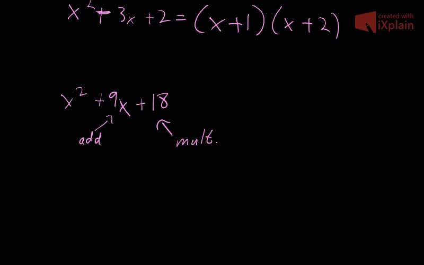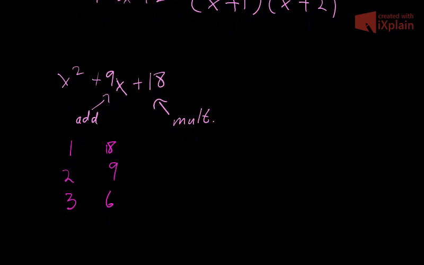I could do like negative 10 and 19. That's a lot. So I'm going to stick with multiplying to 18 because that gives me a little less options. So numbers that multiply to 18, I could have 1 and 18. I could have 2 and 9. I could have 3 and 6. What else does 18 go into? I think after that it would be back to 6 and 3. So that is all my options there for what go into 18.